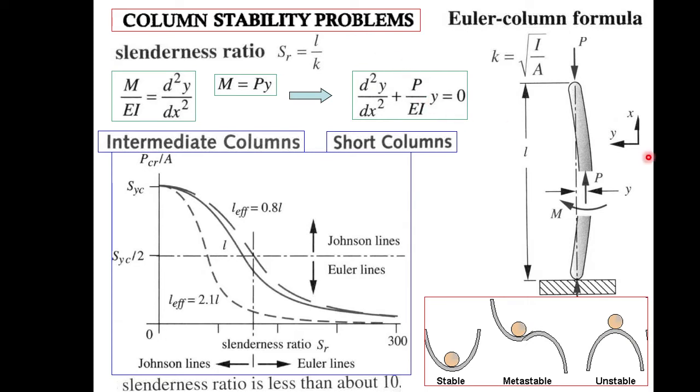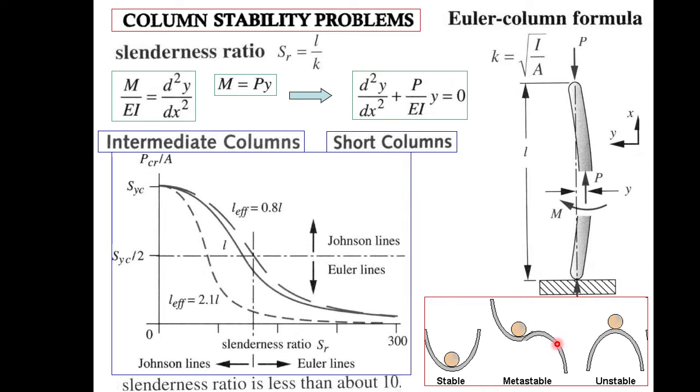Buckling means the failure due to this axial loading even when the induced stress is much less than the compressive allowable strength. So this comes from the idea of stability.